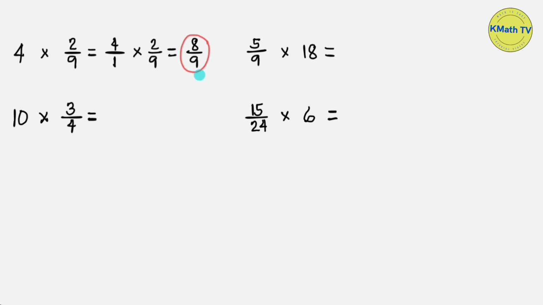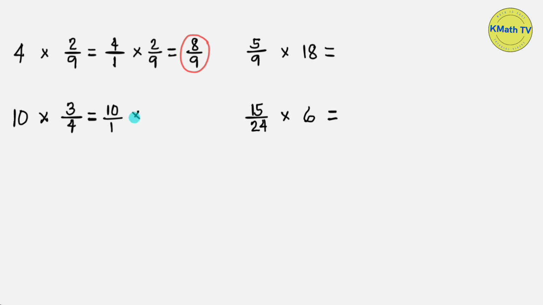Next, let's multiply 10 times 3/4. Okay, let's write 10 as an improper fraction with a denominator of 1. So, let's write 10 as a numerator and write 1 as a denominator.